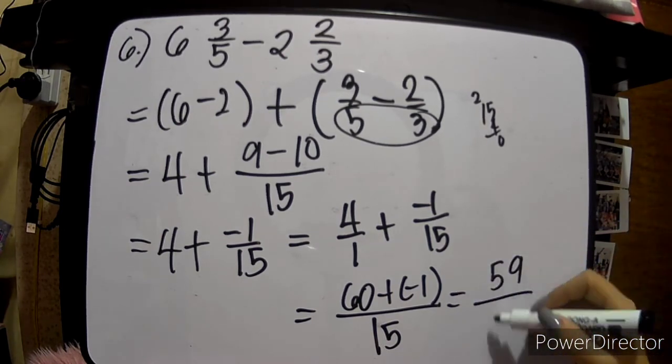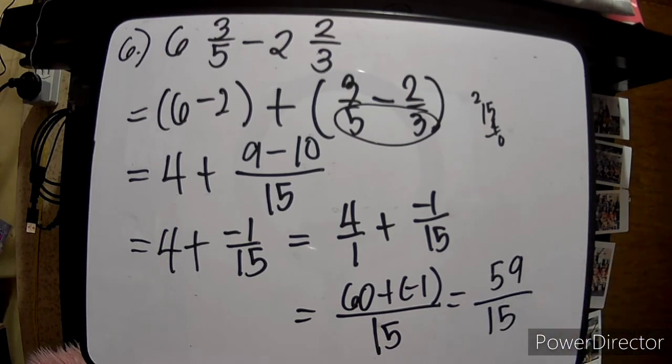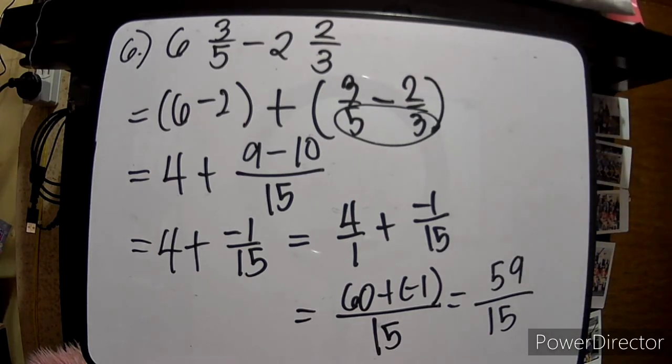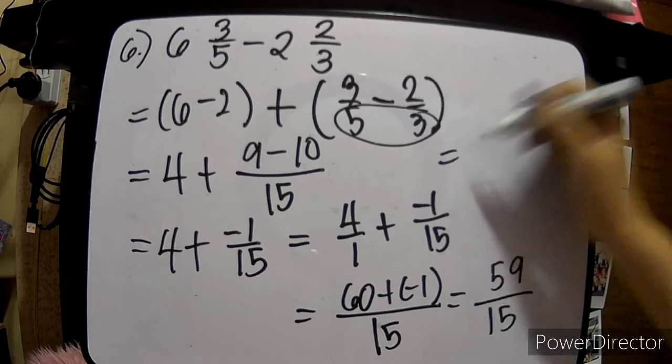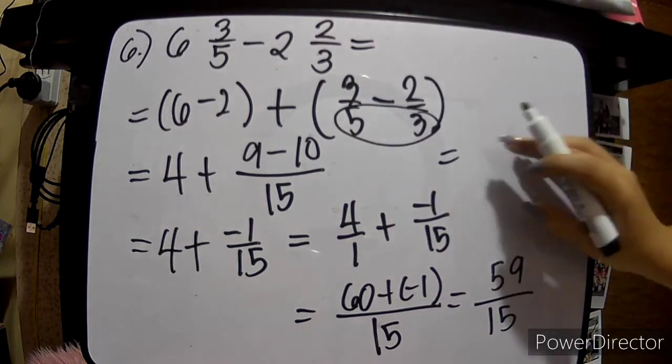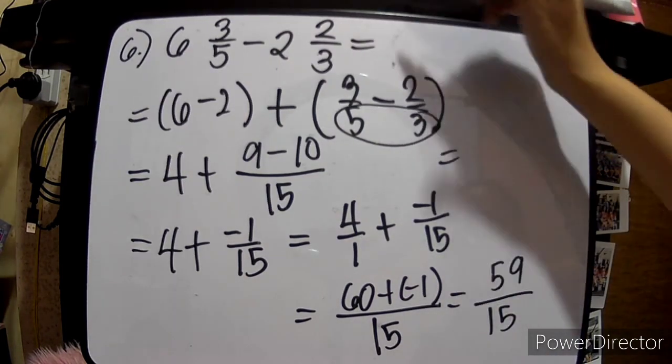Positive 59 over 15. At dahil improper, we will be writing it into mixed fraction. So, ilang 15? Meron sa 59. Dito ko na isusulat sa taas for the final answer. And dito na lang. So, kasi 45.